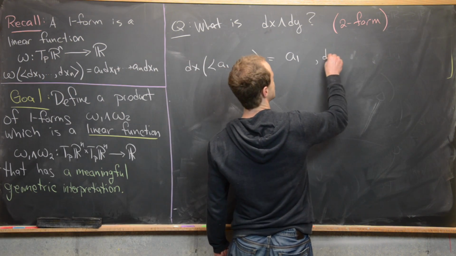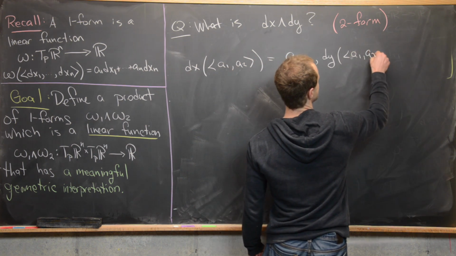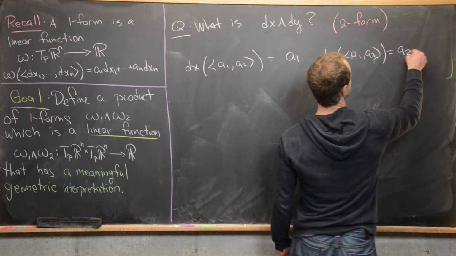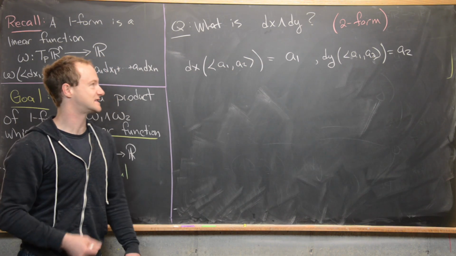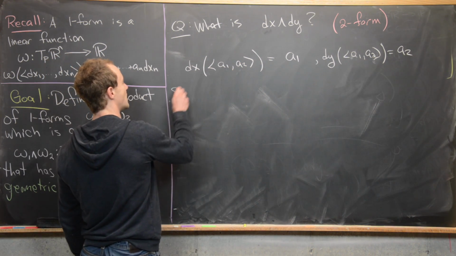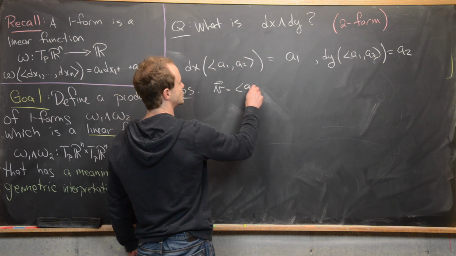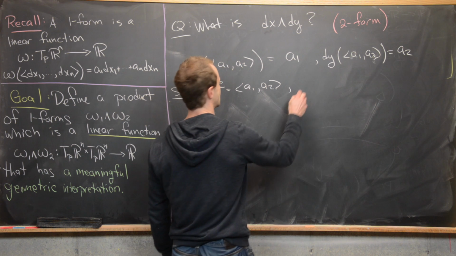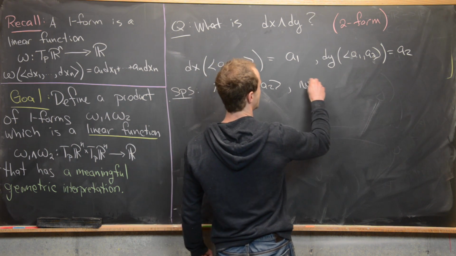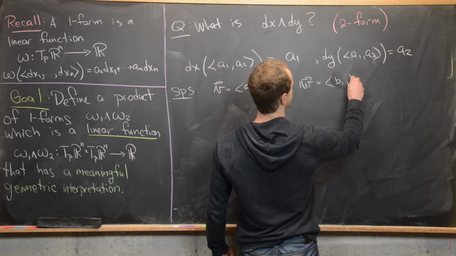And then similarly, if we take dy and we attack the vector (a1, a2), we're just going to get a2. So in other words, we pull out the second component. Okay, great. So now let's suppose that we have two vectors. Maybe we'll call one v, which is (a1, a2). And then let's call the other one w, which is equal to (b1, b2).